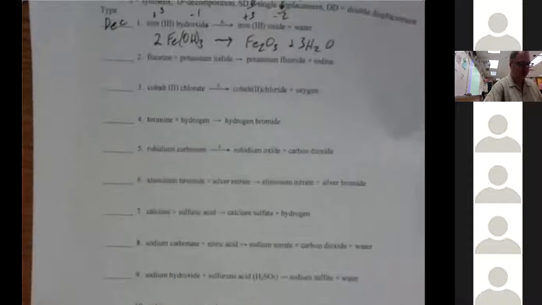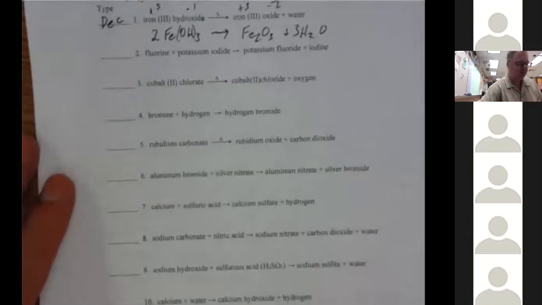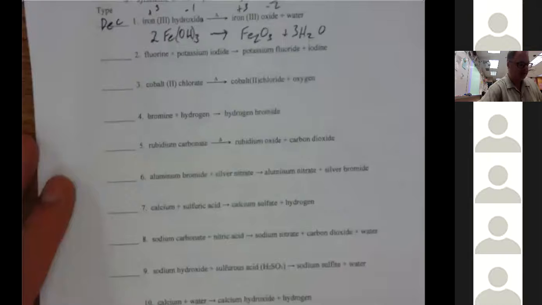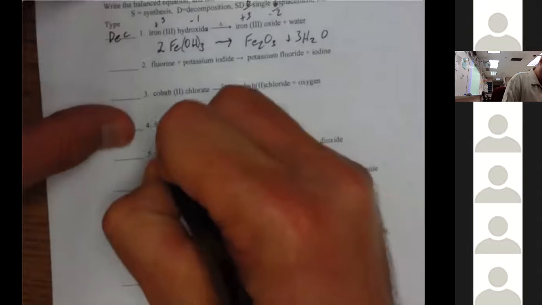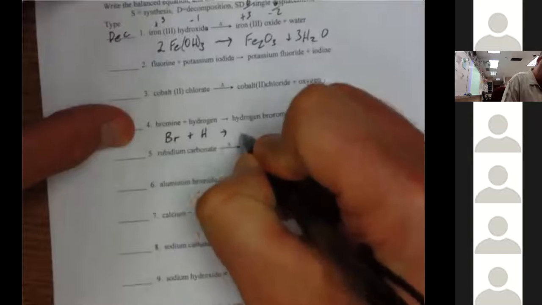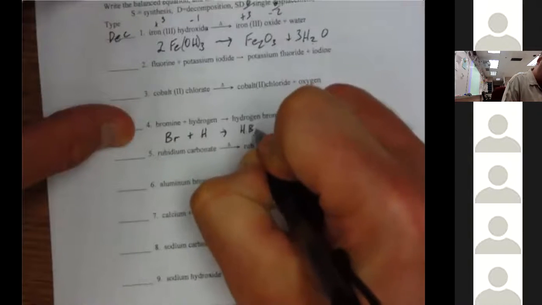Let's try one more, just to try to encourage some people to work on these before the 9 weeks test. So I'm going to try 4. Bromine is Br, plus hydrogen is H, yields hydrogen bromide.